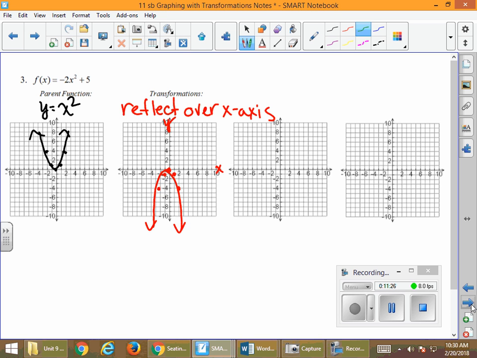And the 2 is the vertical stretch by 2. Vertical stretch means that our y values are going to get multiplied by 2. So 0, 0 is going to remain the same. But instead of going 1 space to the right and 1 down, that 1 down is going to be multiplied by 2. And we're going to go 2 down.